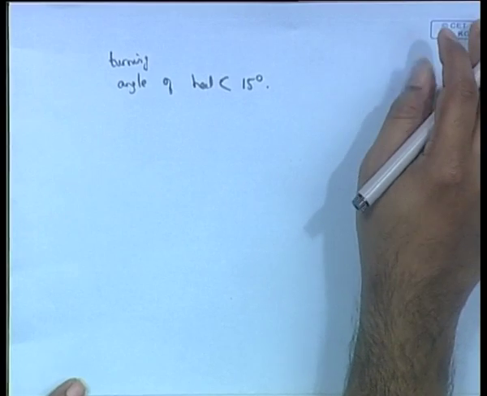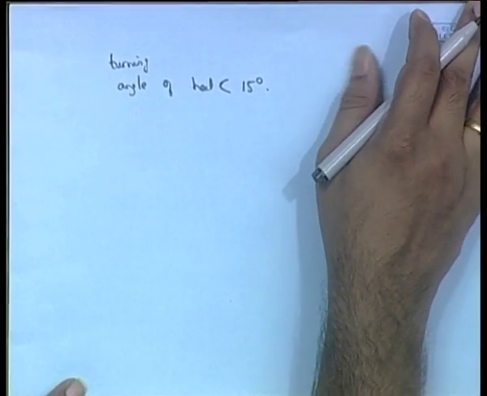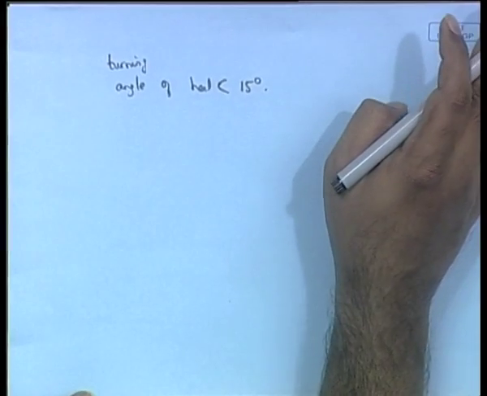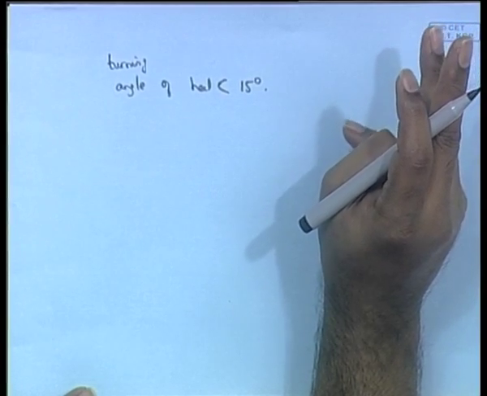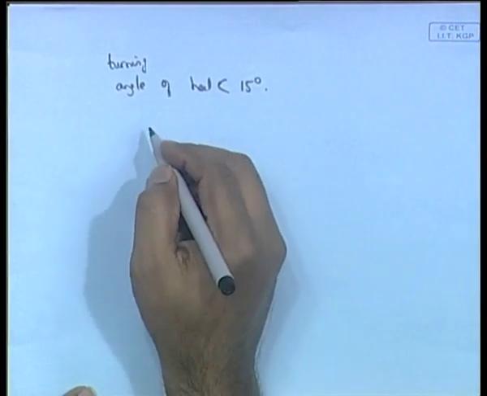It is very important that the ship does not heel beyond 15 degrees as a result of turning. Whatever be the radius of turning, you are not allowed to take a turn that is more dangerous than producing an angle of heel of 15 degrees.